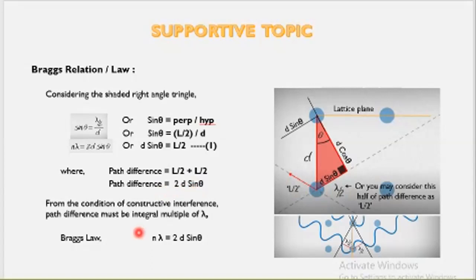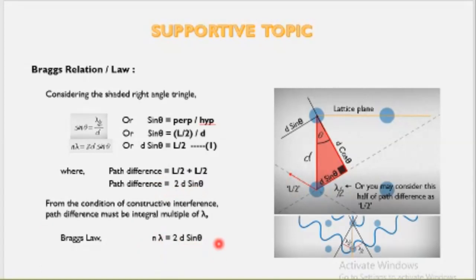Imposing the condition of constructive interference, the path difference must be an integral multiple of the wavelength. So our path difference is 2d sine theta, which should be equal to an integral multiple of wavelength lambda. So this is all about Bragg's law.